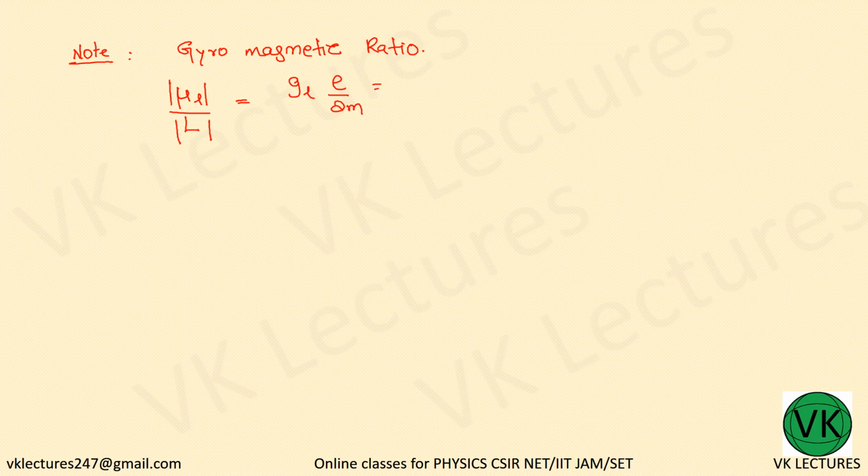Since gL is equal to 1, you have e divided by 2m, which is the gyromagnetic ratio, and again you have mu S by S, the magnitude, that is equal to gS e divided by 2m, and gS value is 2, so you have e by m.